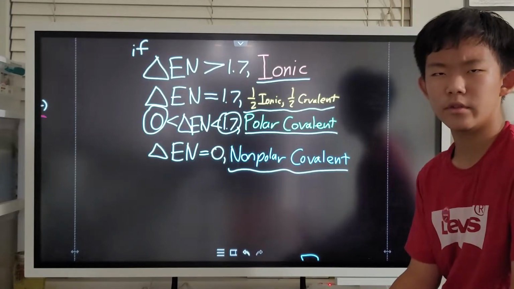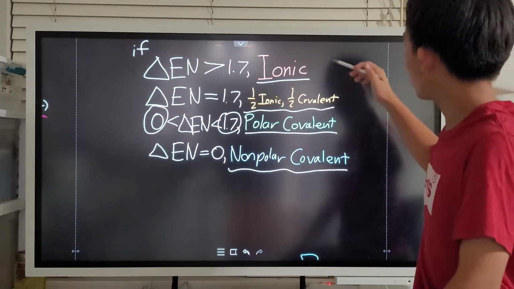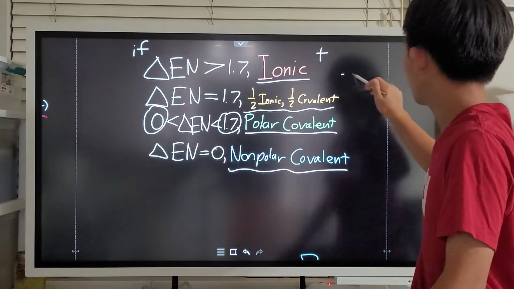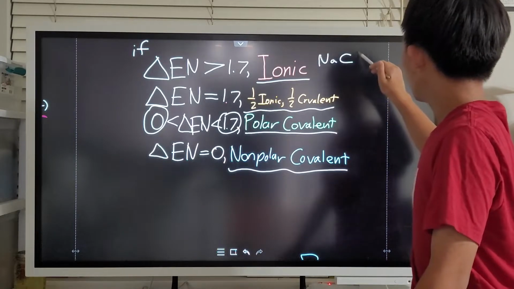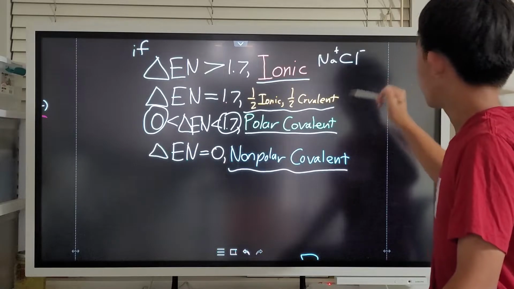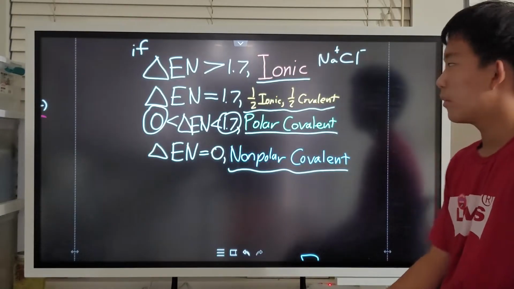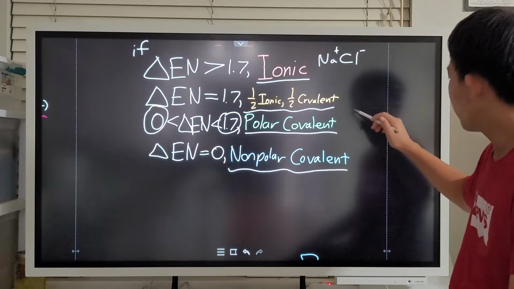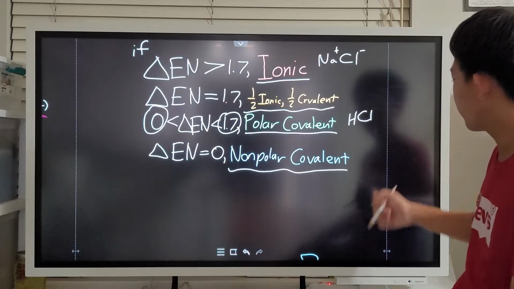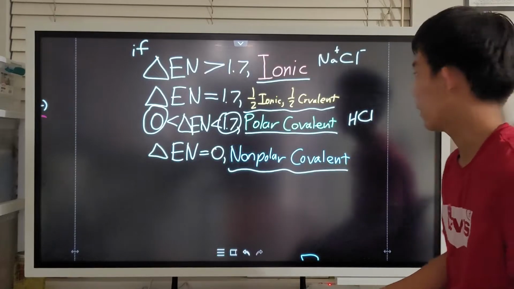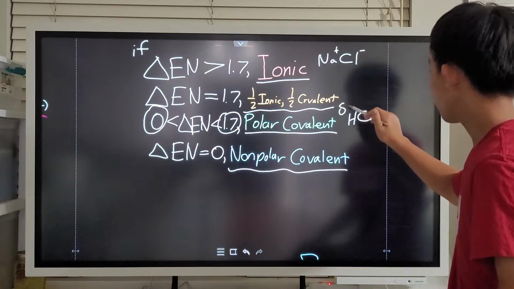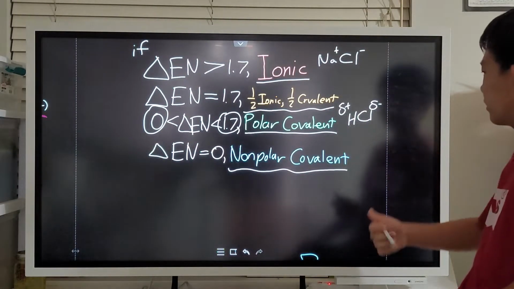So what's the difference between all of these? Now, ionic has a clear definition of plus and minus. For example, in sodium chloride, it's very obvious that sodium is plus and chloride is minus. But once you get to a polar covalent bond, like hydrogen chloride earlier, because the other nonmetal also has a tendency to hog electrons, it becomes more of a delta plus, delta minus situation.